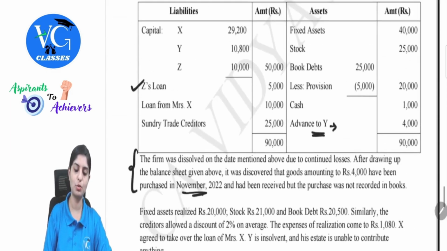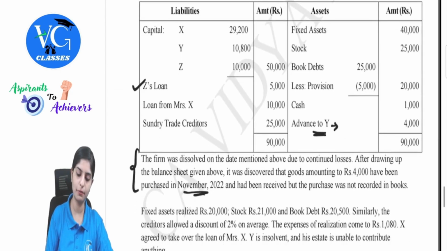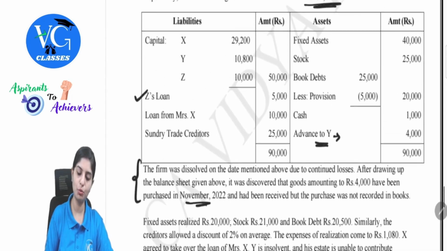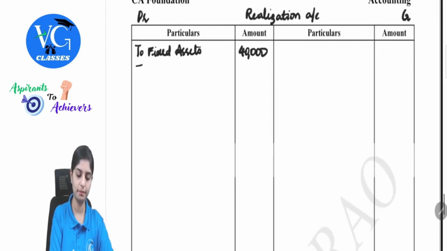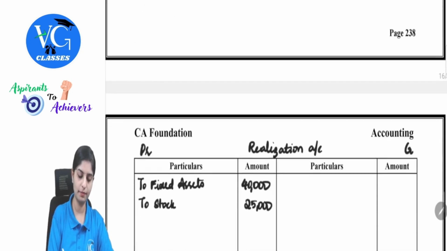So first step is to clear the balance sheet. Realization account, fixed assets 40,000. To fixed assets. Then we have to stock 25,000. To book debts 25,000.